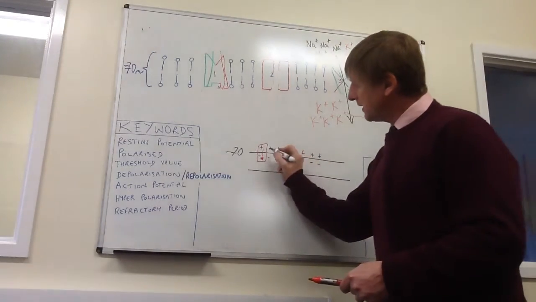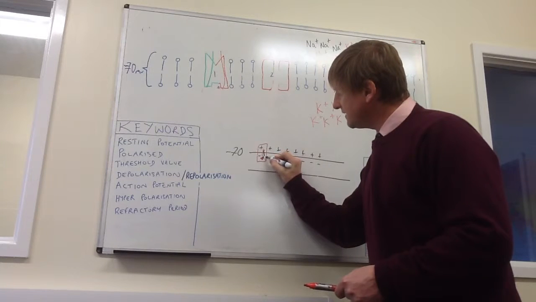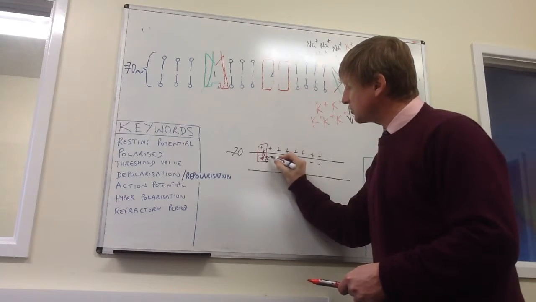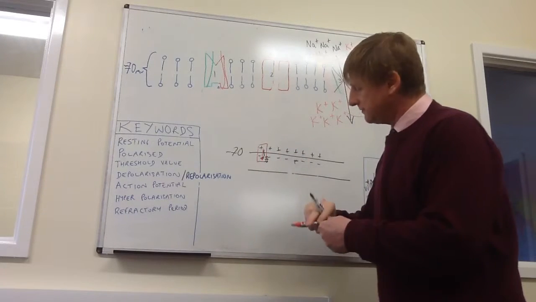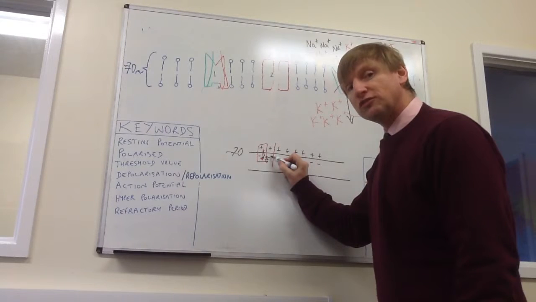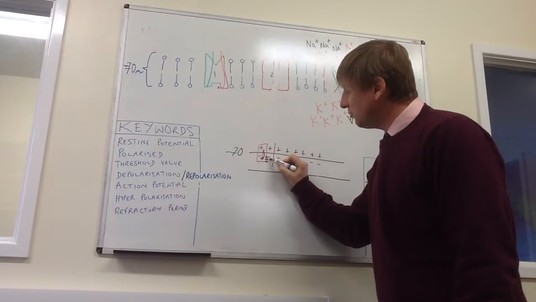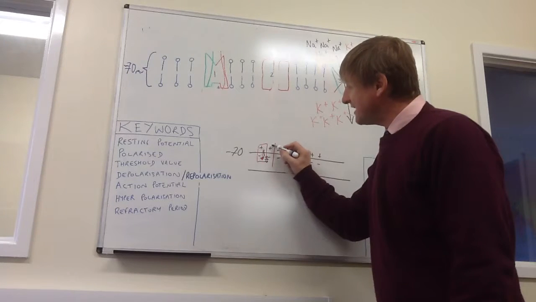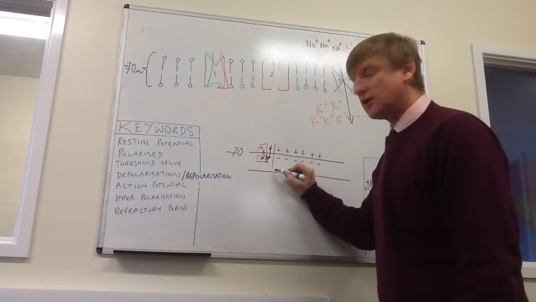As these pluses come in, they diffuse laterally. And by diffusing laterally, they make this next section more positive. And so this will get to the threshold potential of about minus 60. And then this will cause depolarization of this section.